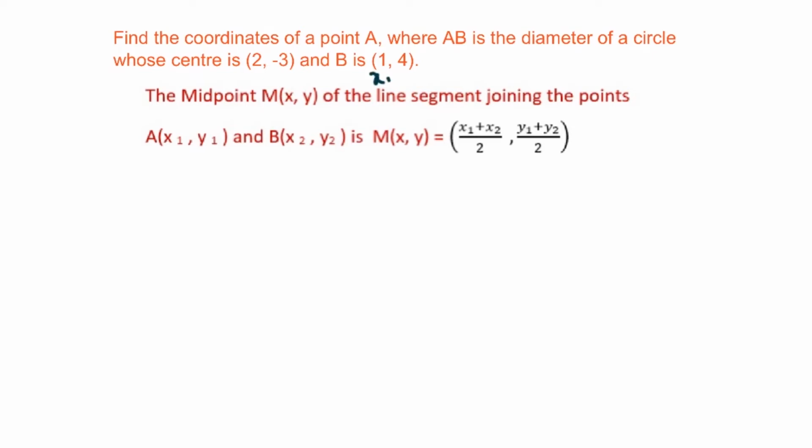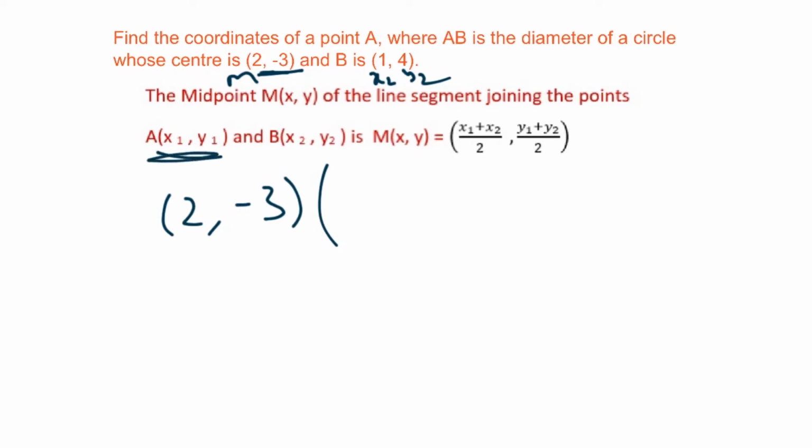We'll take B as x2, y2, and the center is the midpoint M, with coordinates (2, -3). A is x1, y1.